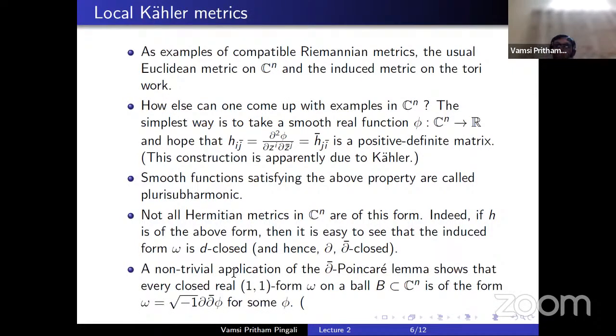In fact, it turns out due to some non-trivial applications of the ∂̄-Poincaré lemma, you can prove that this necessary condition is also sufficient. That is, every closed real (1,1)-form on a ball is always of the form √-1 ∂∂̄φ for some real valued function φ. So this is called the local ∂∂̄-lemma.